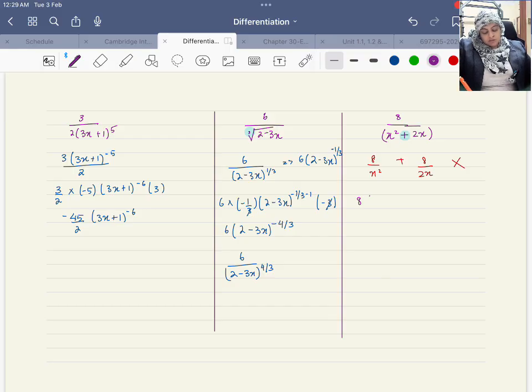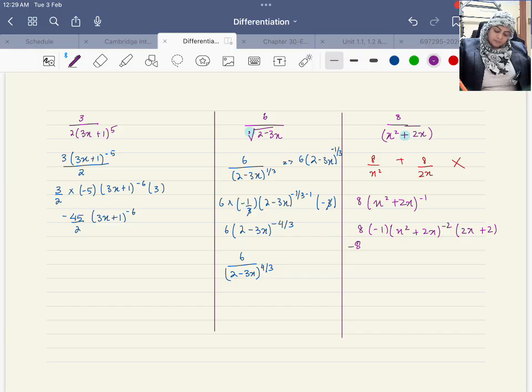Becomes 8 bracket x squared plus 2x to the power minus 1. Now we differentiate it. 8 bracket minus 1 into x squared plus 2x to the power minus 2. Minus 1 is minus 2. Differential of the expression is 2x plus 2. Right? Now, what do we do?